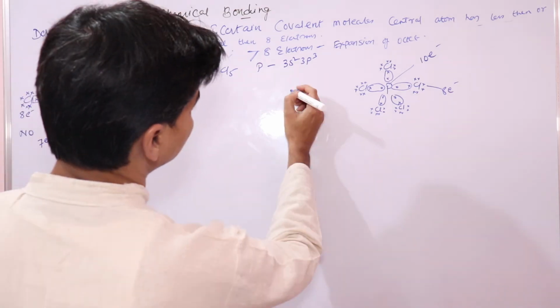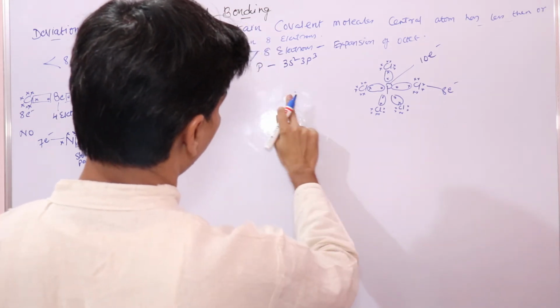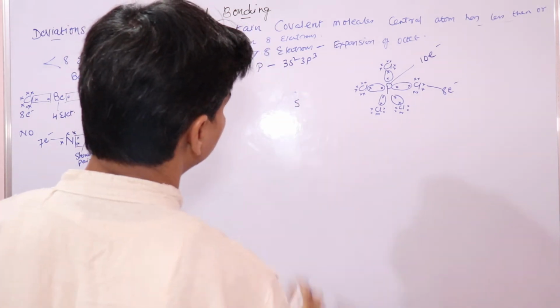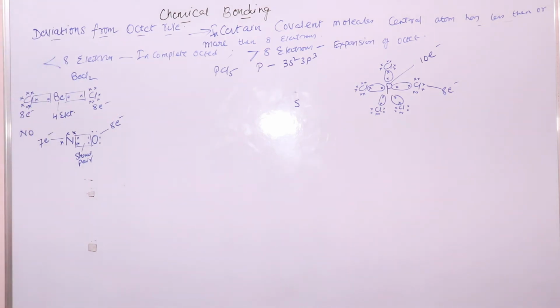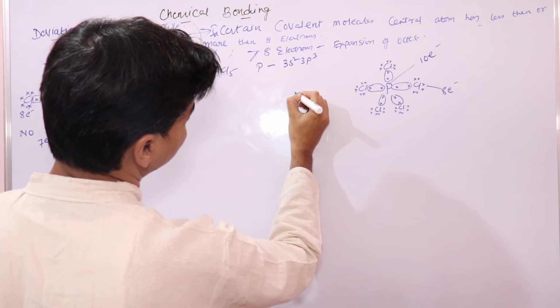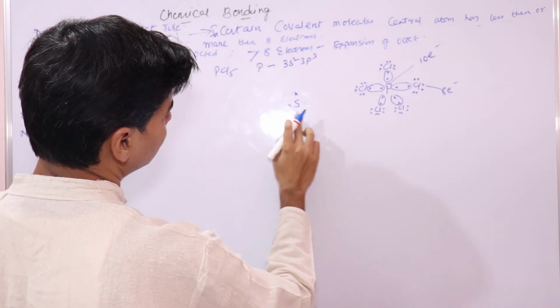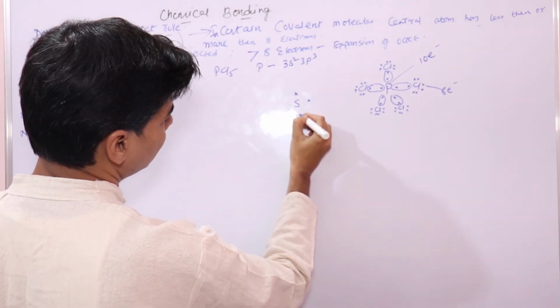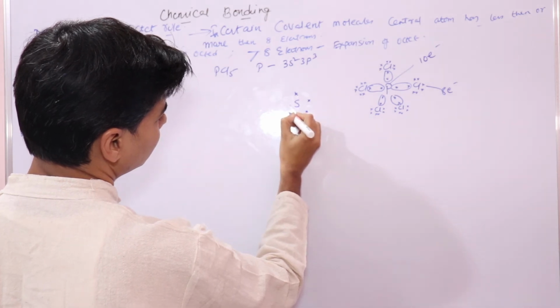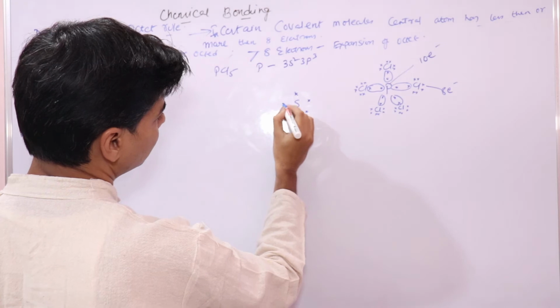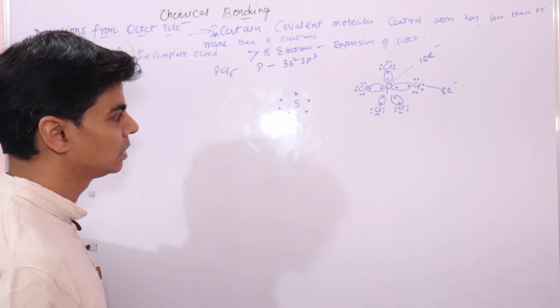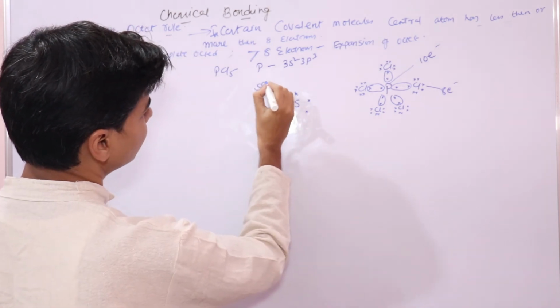Let's draw the structure. Sulfur atom, and we have 6 fluorine atoms. Sulfur has 6 electrons in the outermost shell, and the formula is SF6.